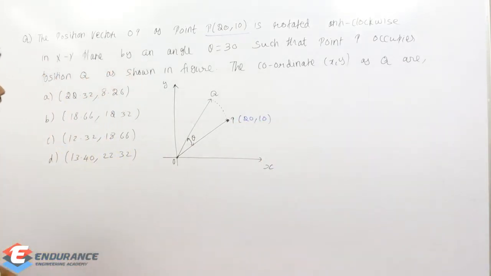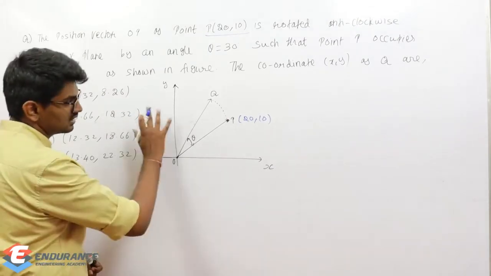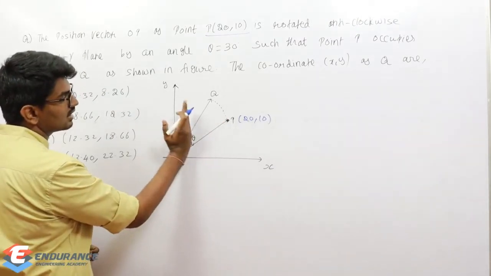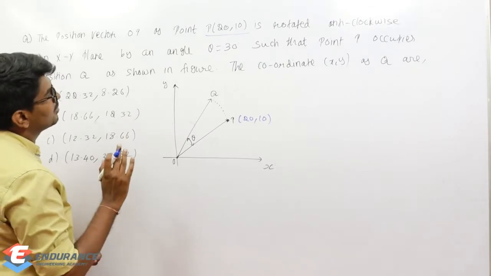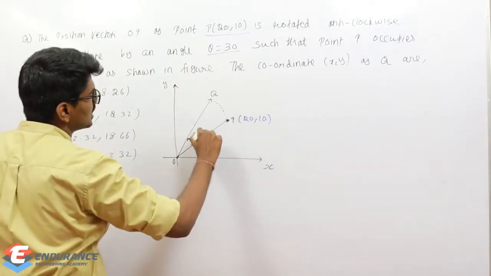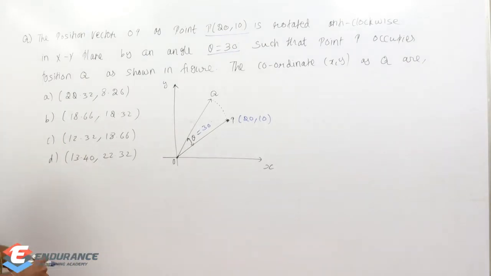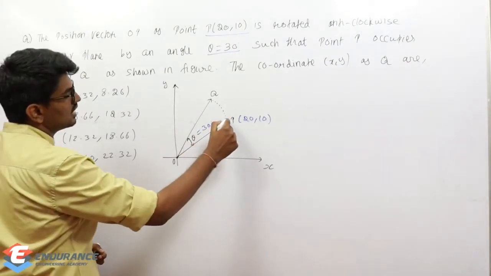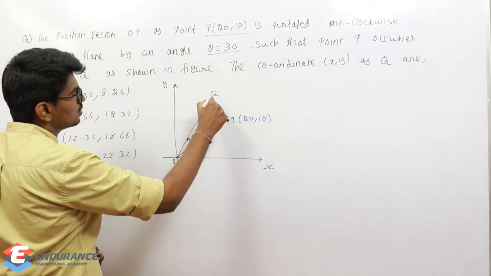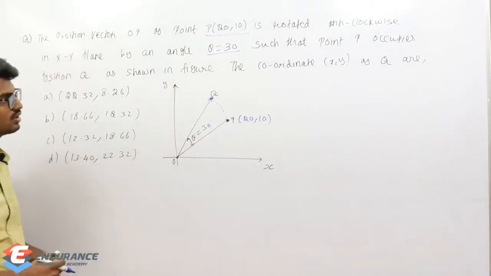This point P is rotated anti-clockwise in the xy plane by an angle theta of 30 degree, such that point P occupies a position Q. Initially this is point P, now it is occupying a new position Q as shown in the figure.